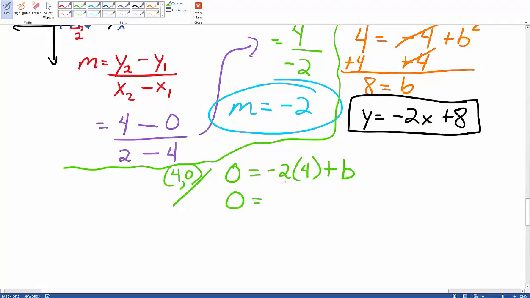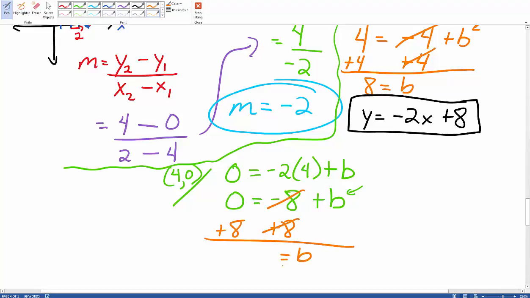So 0 is equal to -2 times 4, which comes out to be -8, plus some b. Solving for b, we add 8 to both sides. b is now all by himself on the right side equals 0 plus 8, which comes out to be 8.